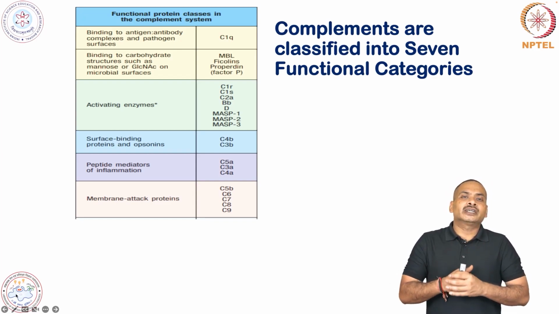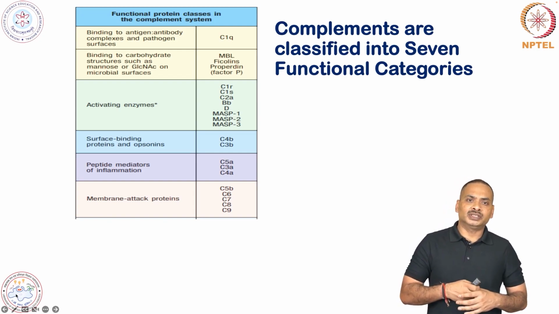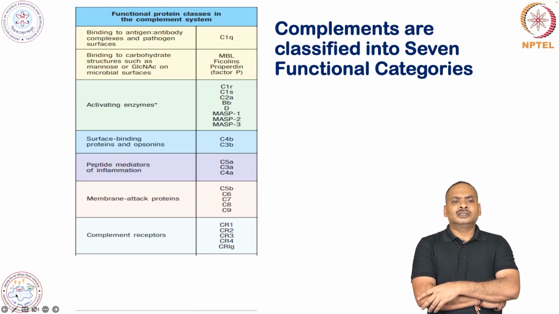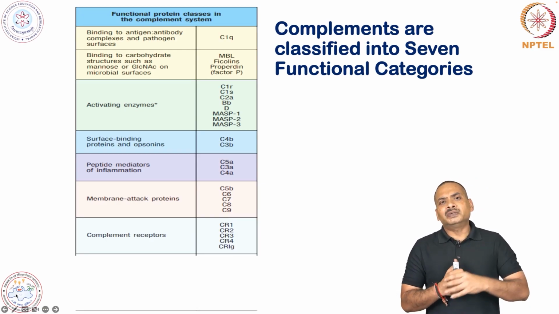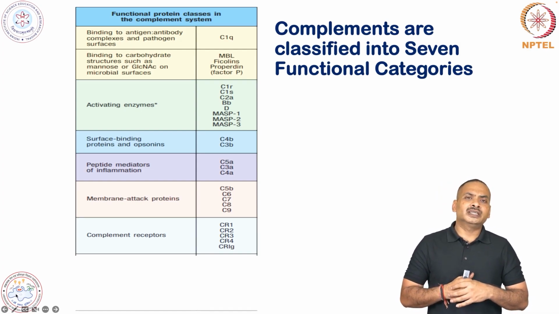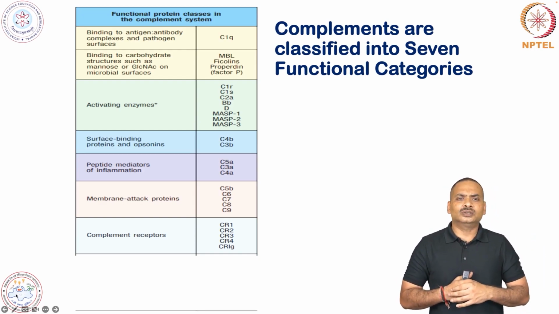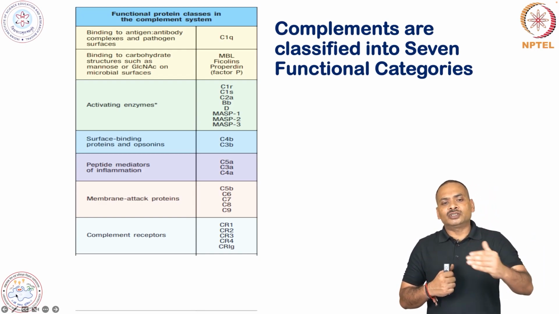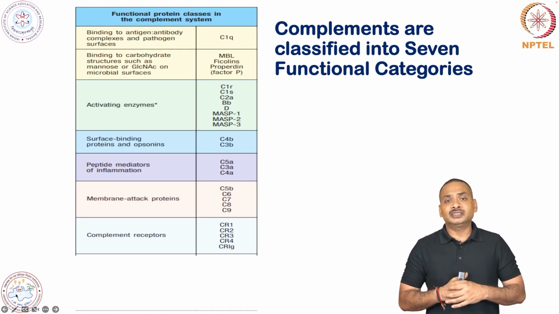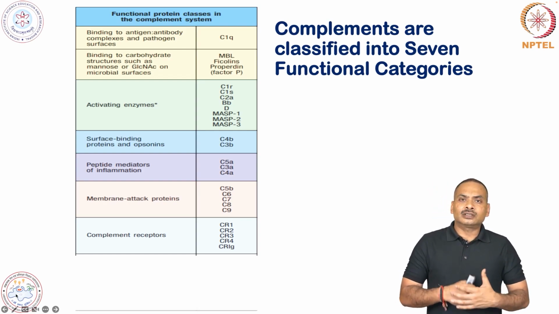Basically it makes a kind of pore or hole in the target cell. Another is complement receptor. So these complements, for example C4b and C3b, after coating, there will be a receptor on phagocytic cells. Those receptors are categorized as complement receptors like CR1, CR2, CR3, CR4 and CRIg. Okay, so these are the complement receptors.